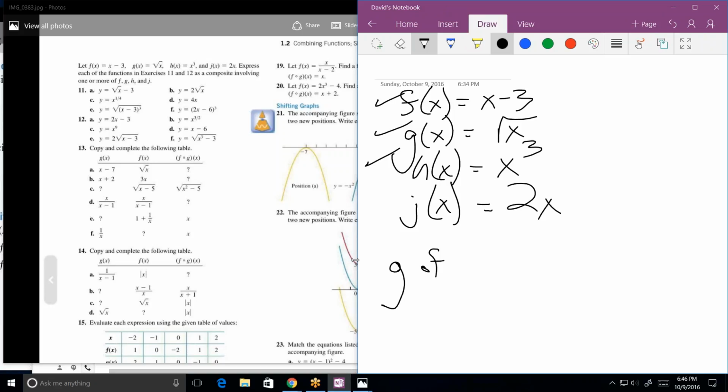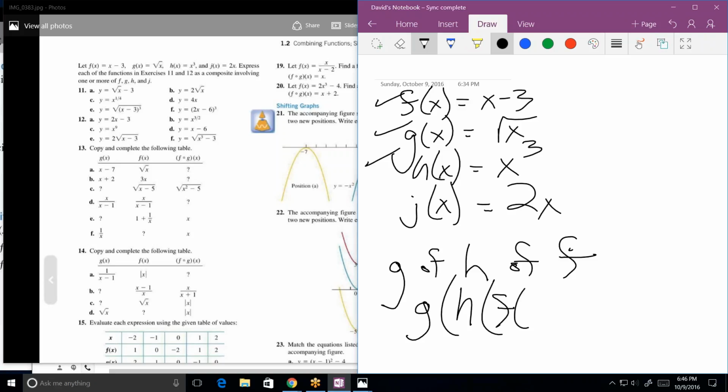That's h. So how about g of h of f? This is a strange one. Yeah, it is. That's what I think the answer is. Now, let's see if that's the answer.